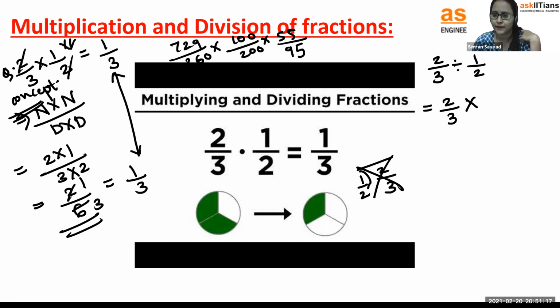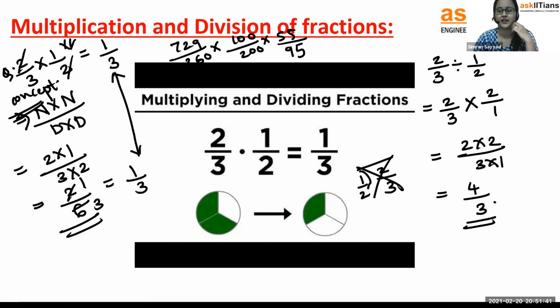So if I am writing division के जगह पे multiplication, I am also supposed to reciprocate this. I'm also supposed to make it the inverse. So instead of 1 by 2, I'm going to write 2 by 1. And my answer will be simply you have to perform a multiplication now. And my answer will be 4 by what? 4 by 3. Yes, this is going to be my answer.